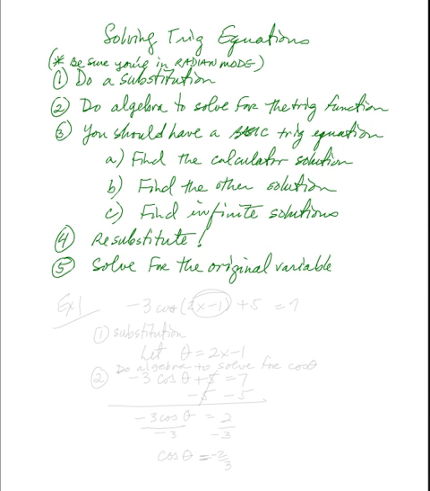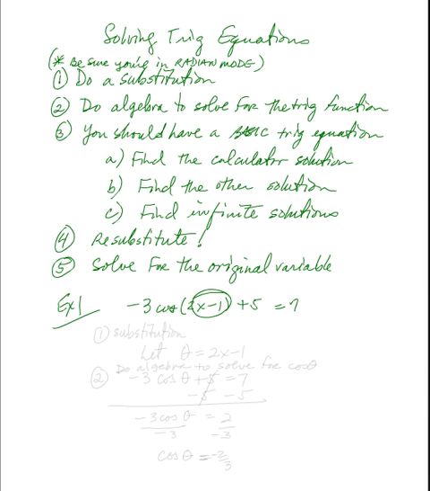So let's take a look at an example. Negative 3 cosine of 2x minus 1, plus 5 equals 7. This is definitely not a simple angle. The argument is complex. It's got 2x minus 1. For it to be simple, you should have just had cosine x, not 2x minus 1.